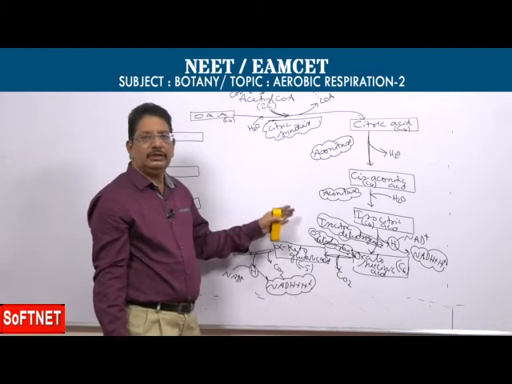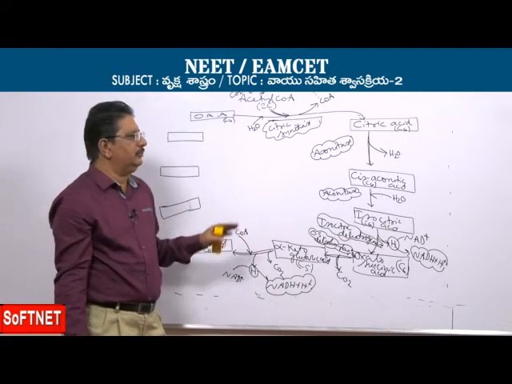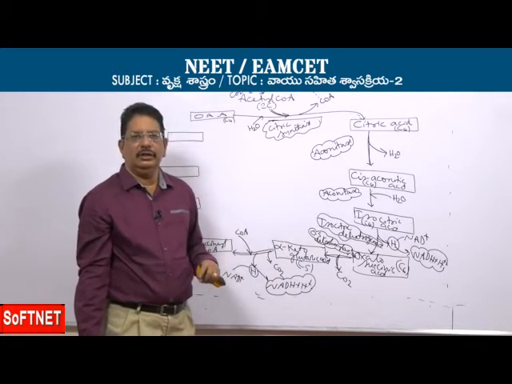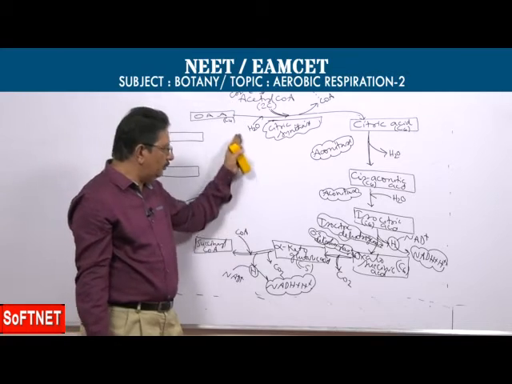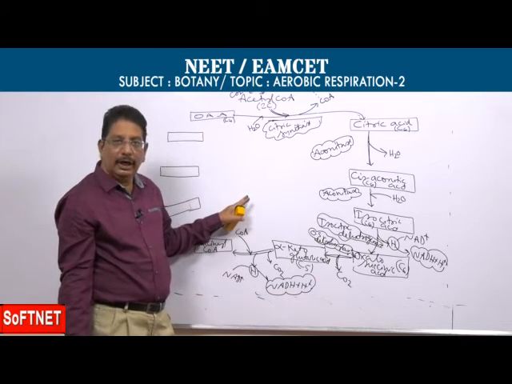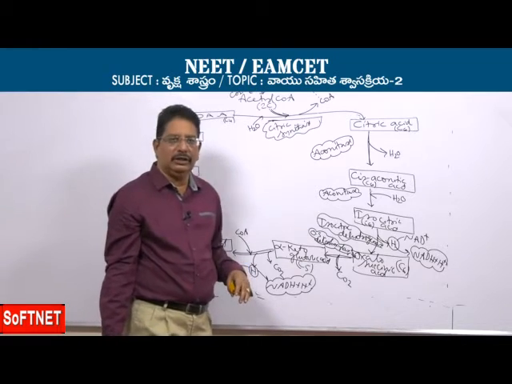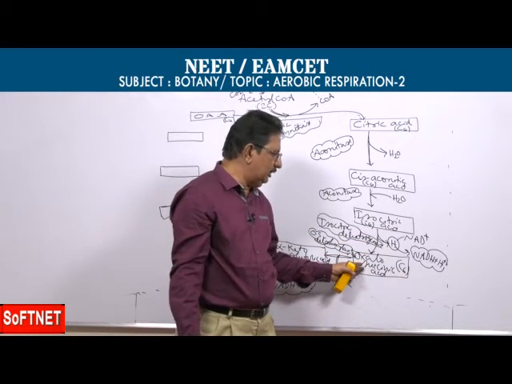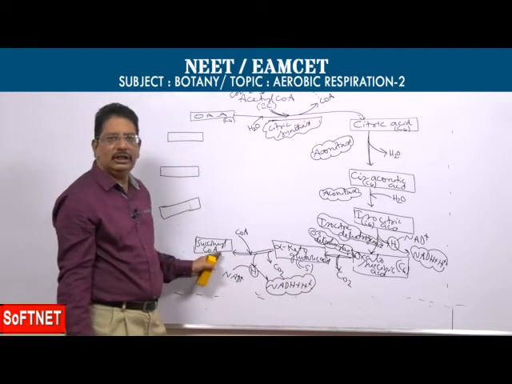So far we have finished more than 15 reactions, but only in the initial steps, that is in glycolysis, we witnessed generation of ATP directly, but after that neither in the link reaction nor in the first part of Krebs cycle is there ATP generation, but the energy of glucose is removed in the form of electrons at the link reaction once, and during conversion of isocitric acid into oxaloacetic acid, and during conversion of alpha-ketoglutaric acid to succinyl coenzyme A.